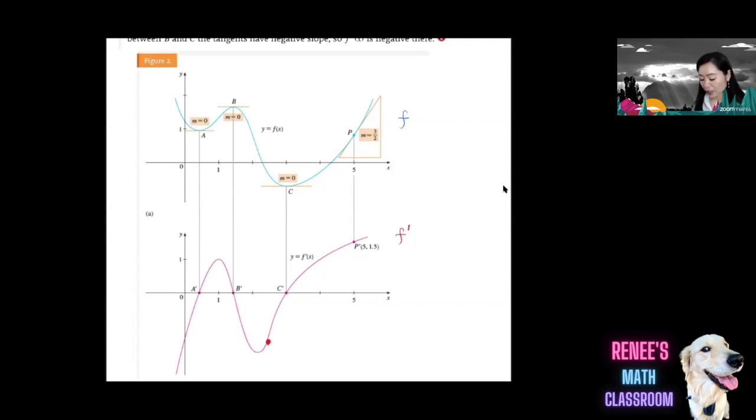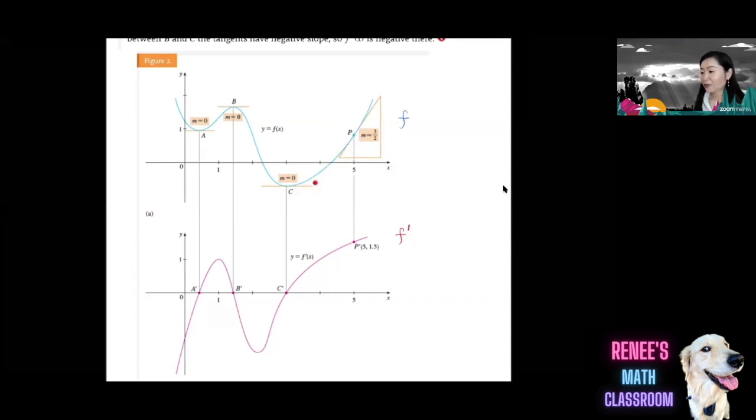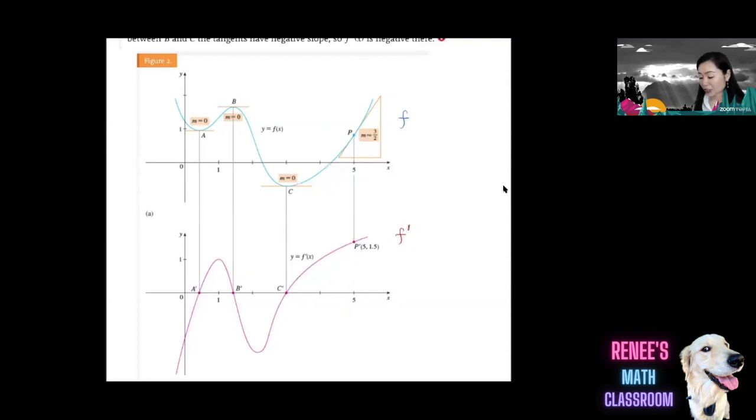So from B to C, f prime will be negative. And after C, it looks like the graph has tangent lines rising from left to right. So f prime will be greater than 0 because the slope of the tangent will be greater than 0. So f prime is greater than 0 here.